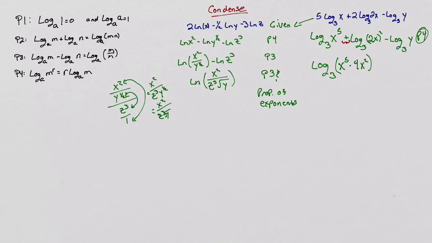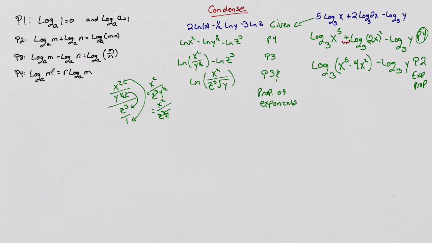And of course, 2 squared is 4. Minus log base 3 of y, and of course that is our second property, which is the product property, and of course it's also exponential properties. And I'm just going to write EXPPROP because I can't spell and I ran out of room.